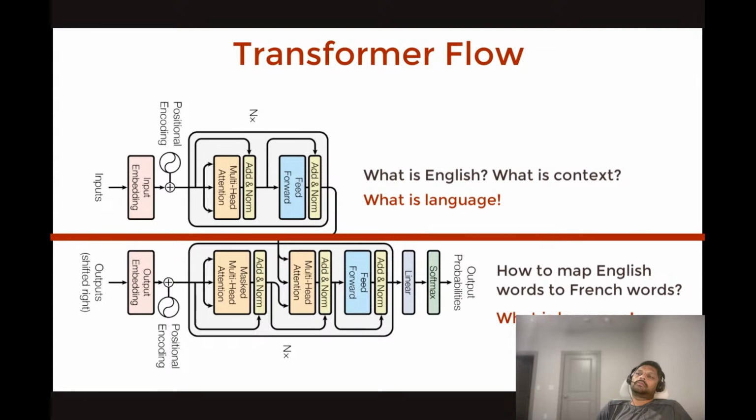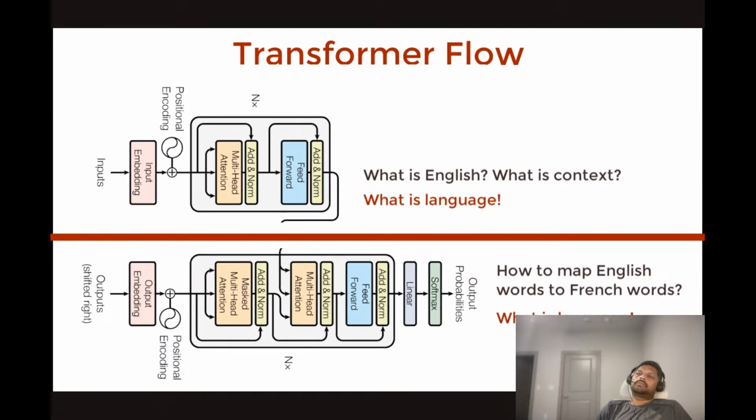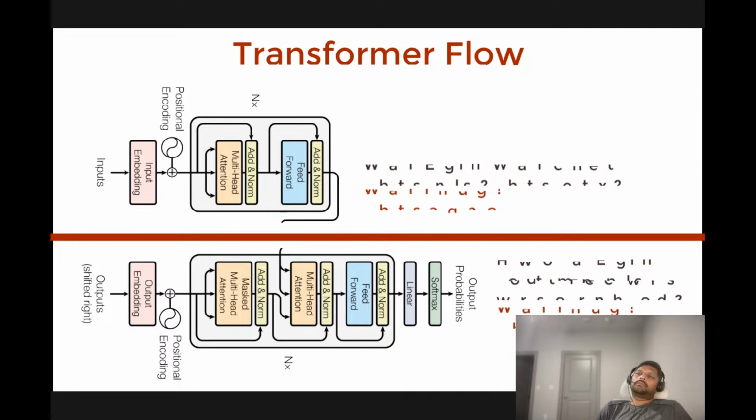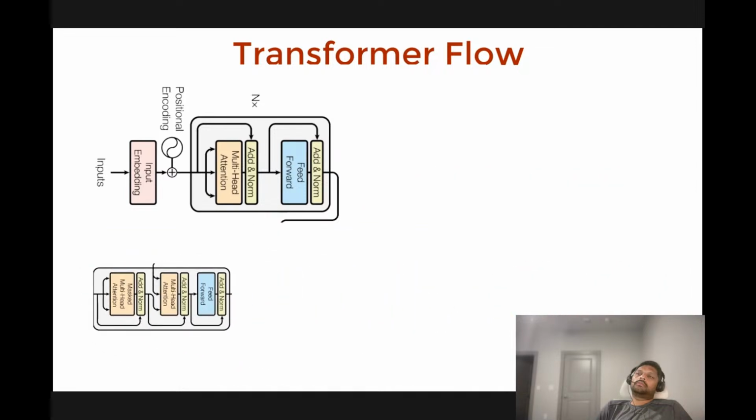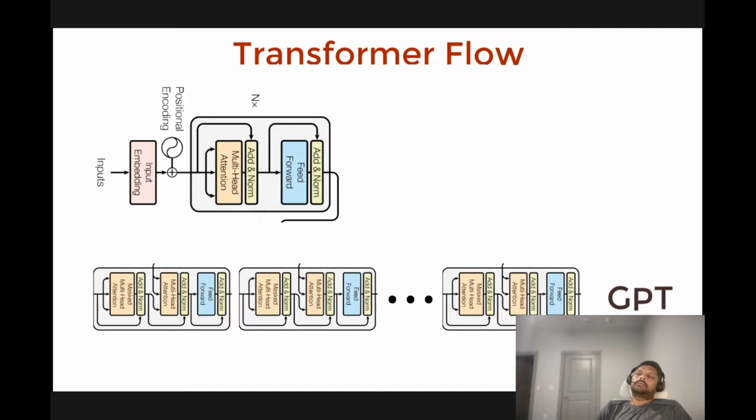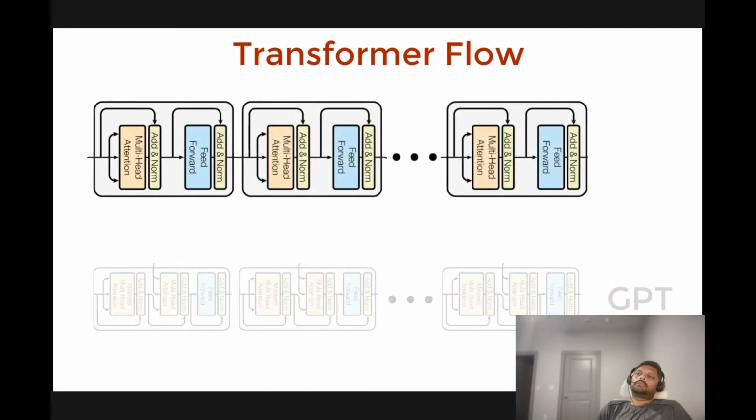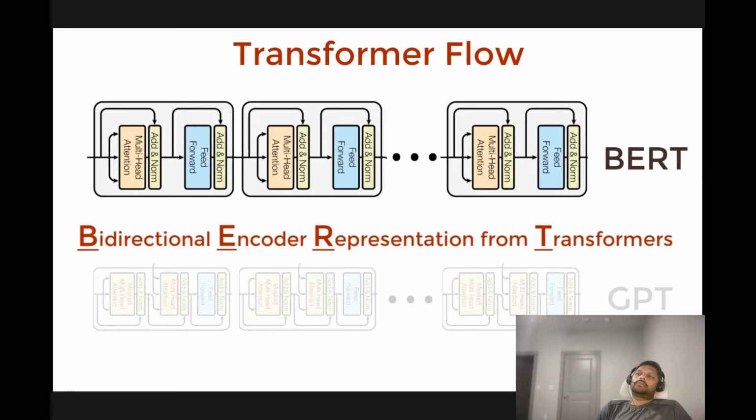And it's because of this understanding that we can pick apart this architecture and build systems that understand language. We stack the decoders and we get the GPT transformer architecture. Conversely, if we stack just the encoders, we get BERT, Bidirectional Encoder Representations from Transformers, which is exactly what it is.